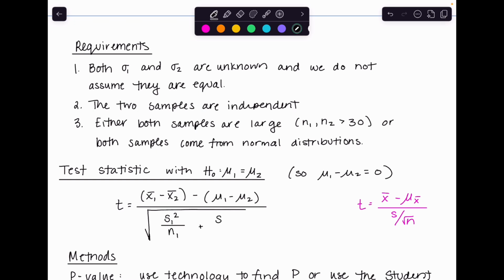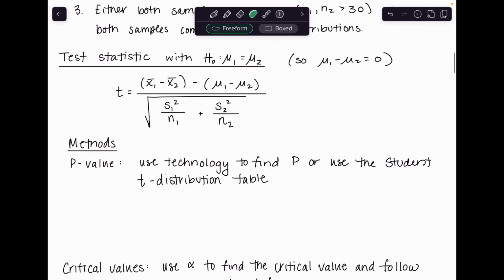And then we need to add the same thing with the second sample. Okay. So again, very similar to the bottom here, because you can put this under a square root of s squared. But because we have the 2 different samples, we need to take both of them into account, okay? So this is our test statistic.